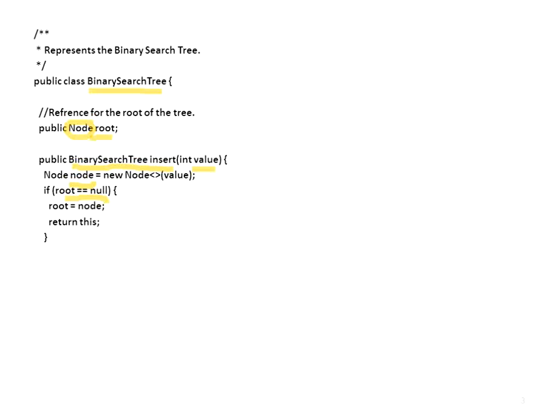So if root is equal to null, what will happen? Root is equal to node. That means suppose values are given to you like this: 3, 10, 10, 15. Initially we will find out whether the root is null or not. If root is null, we start from the leftmost node.